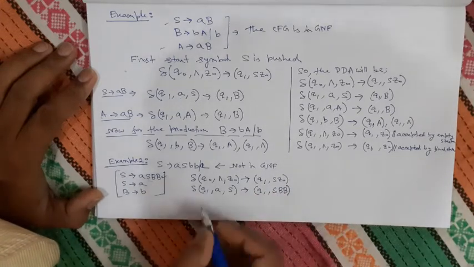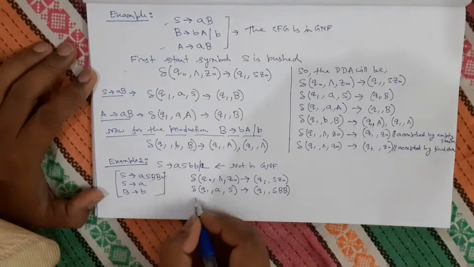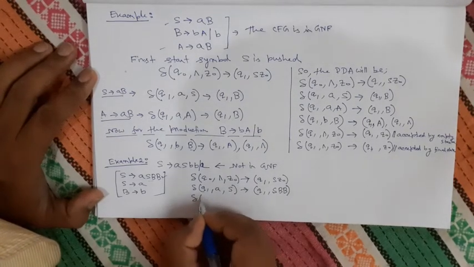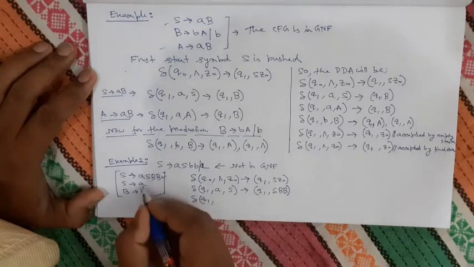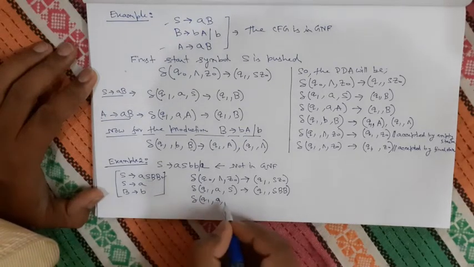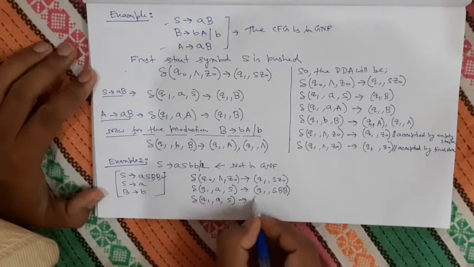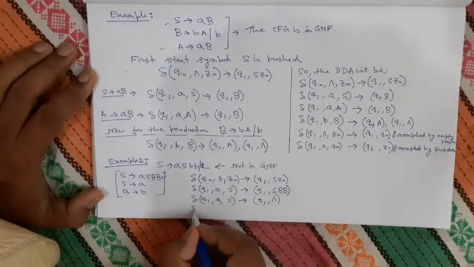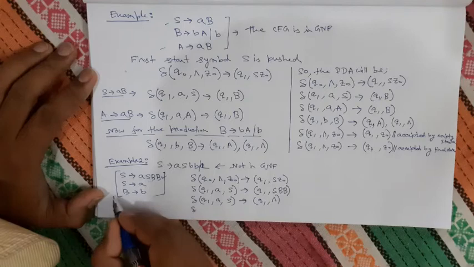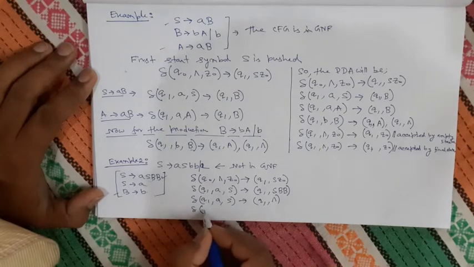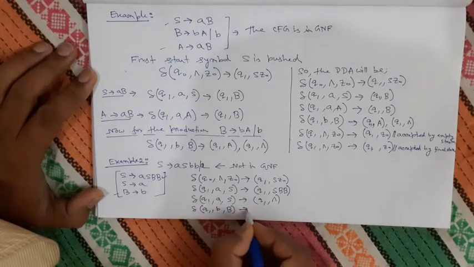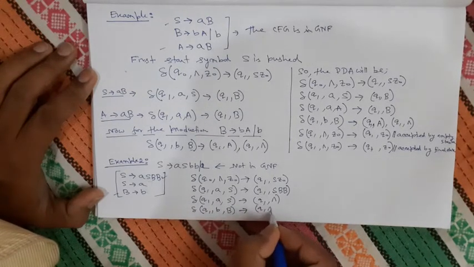For the next it will be delta of Q1 comma terminal symbol a, this is S tends to Q1 comma null, and delta for the third one, delta of Q1 comma b will tend to Q1 comma null.